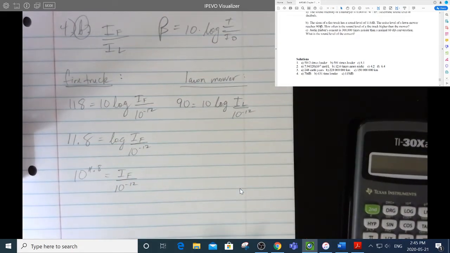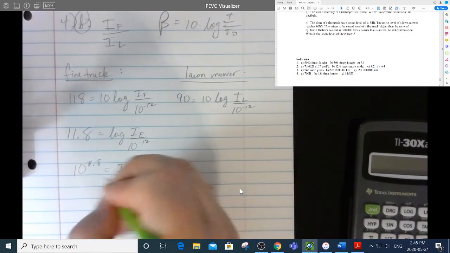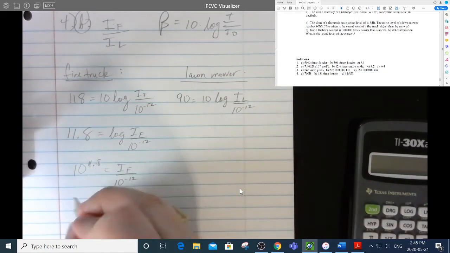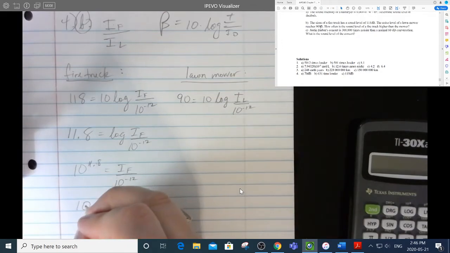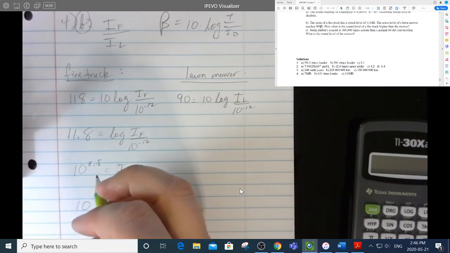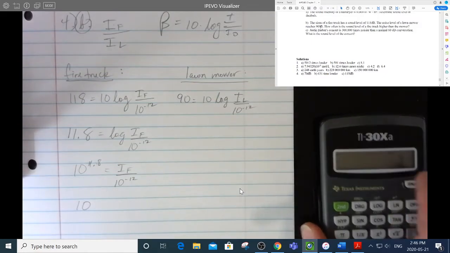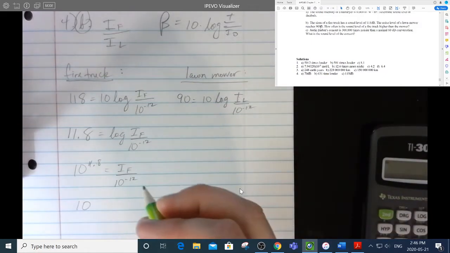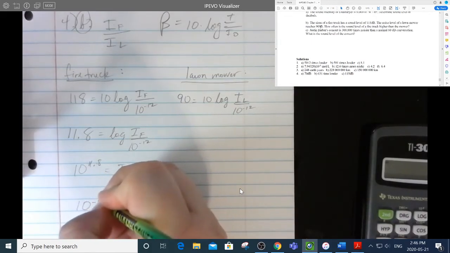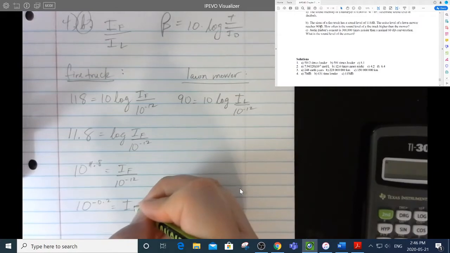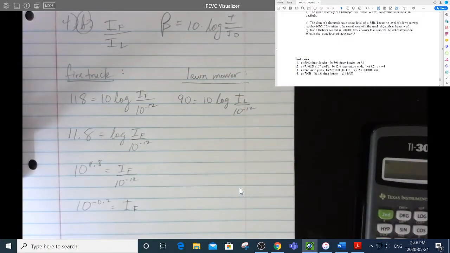Okay, and then I can multiply both sides by 10 to the negative 12, which means I add those exponents, which is 10 to the, what would that be? 11.8 minus 12, wouldn't that be negative 0.2? I think that's right. I almost reached for a calculator for that. There we go. There's your I of the Firetruck.